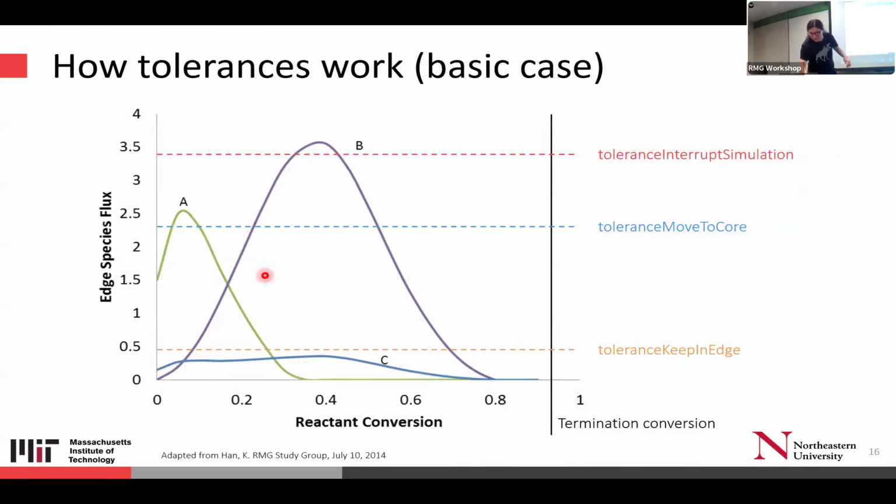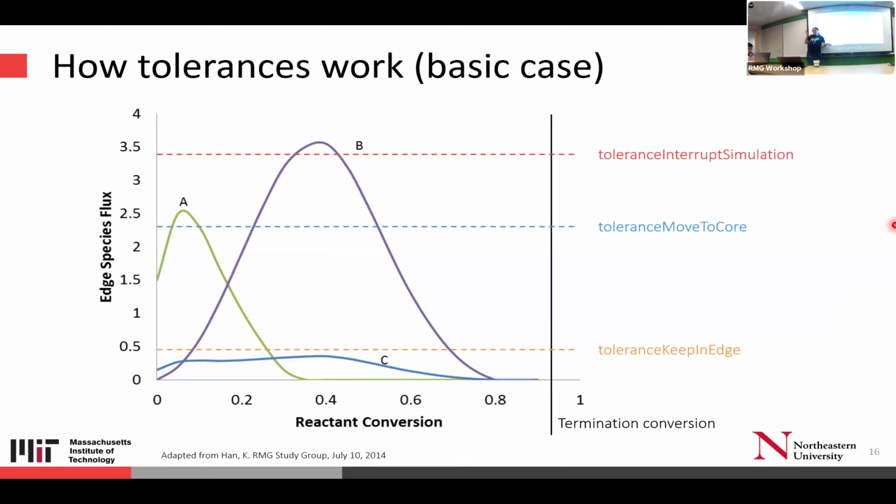Sorry, I should move ahead to this illustration instead of hand waving. You can imagine we're trying to do some pruning. We probably want to get rid of species C. If we have our tolerance interrupt simulation set at this level, RMG is going to run, and it's going to make enough of B that it's going to stop the simulation, like, stop, we've got to add B. Except that it hasn't reached the end here, and so it doesn't have this part here.